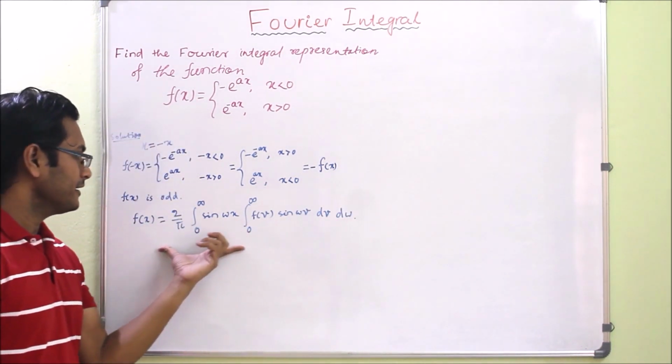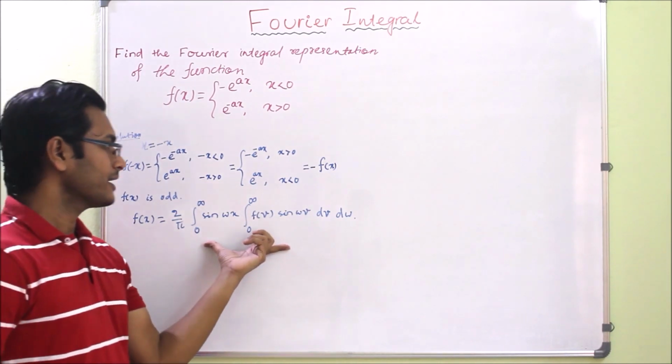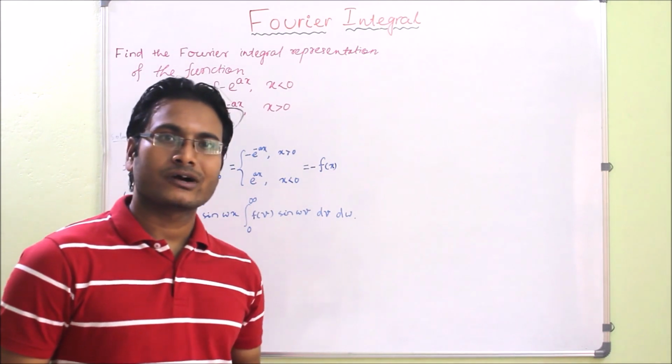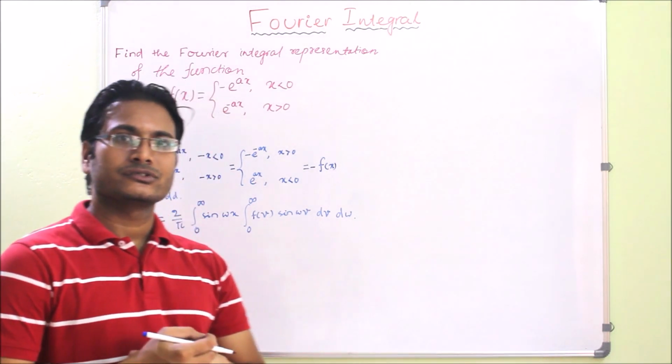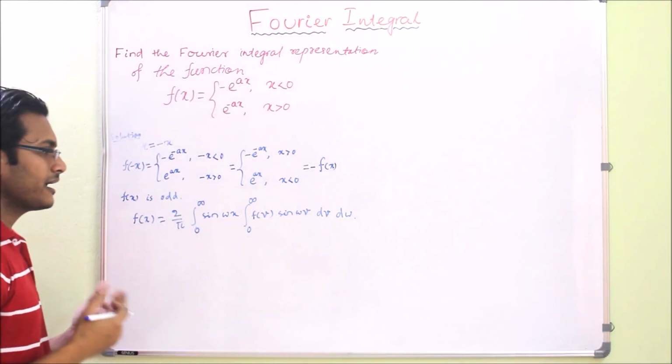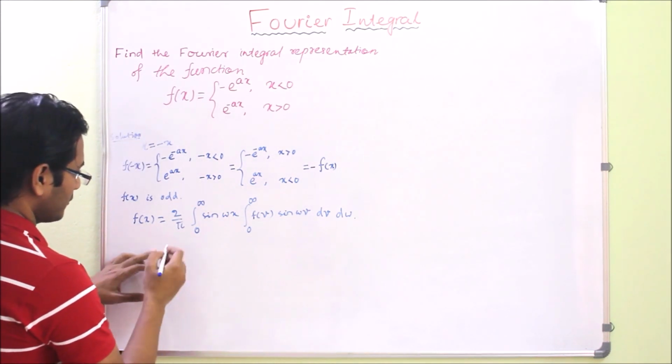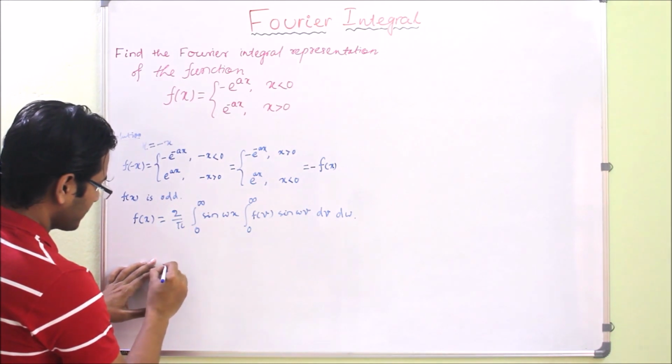So we have directly applied the formula. You can see how this formula came in lecture 1 and lecture 2. See those videos and you will get an idea how we get this integral representation. Now we will solve this one.